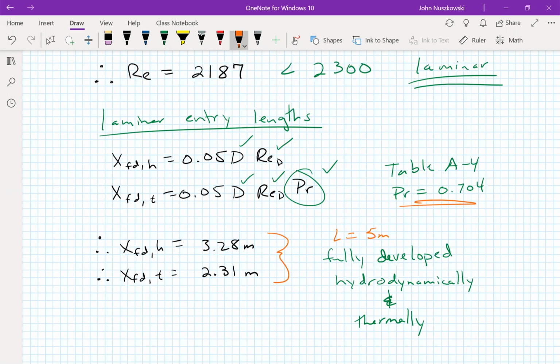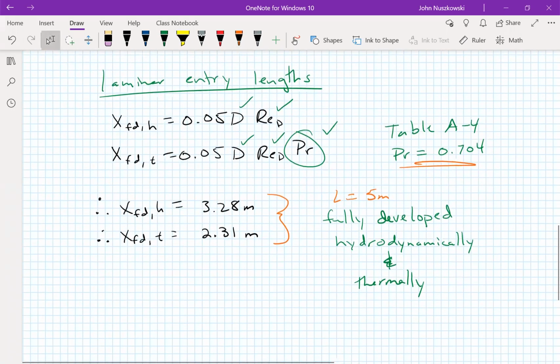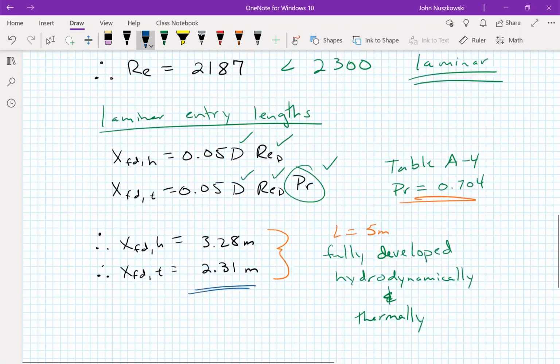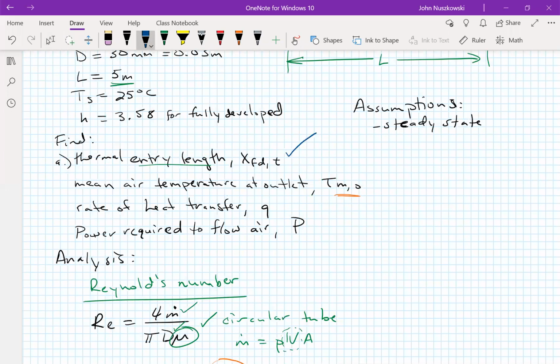Then we could be fully developed hydrodynamically, but not fully developed thermally. Okay, and that has implications. All right, so we solved this one, which was part of what was being asked right here.